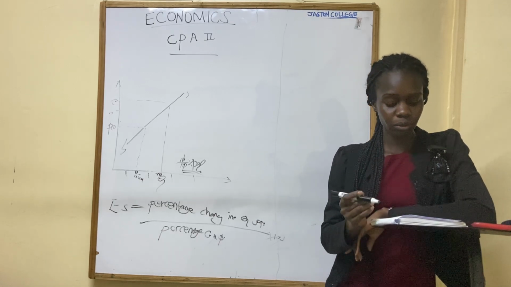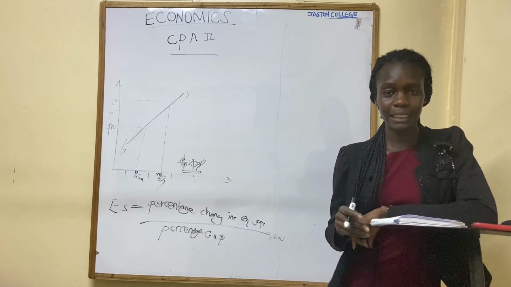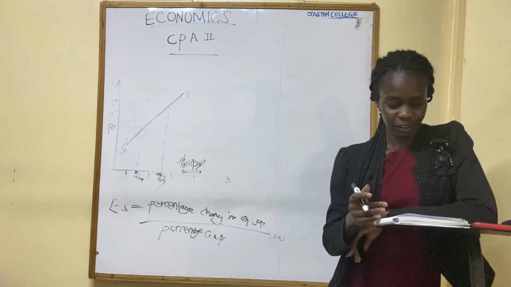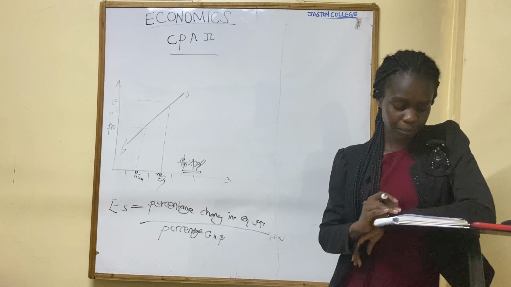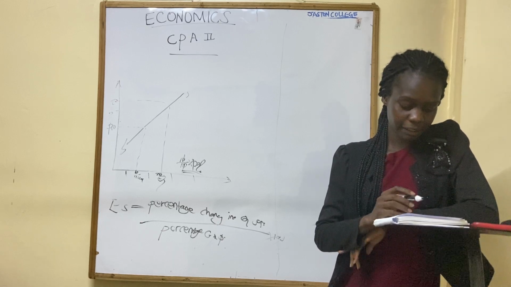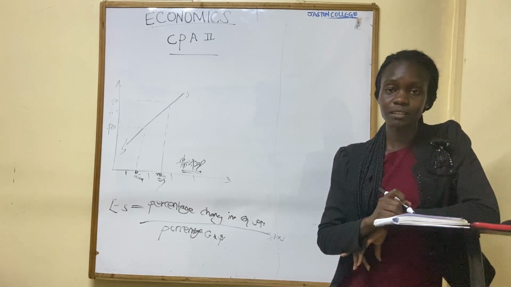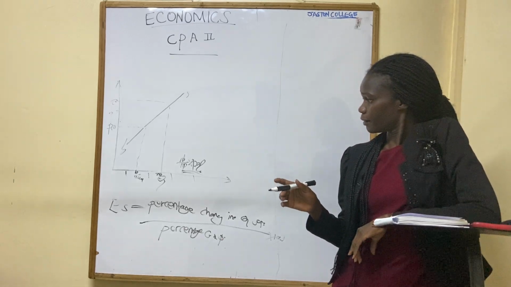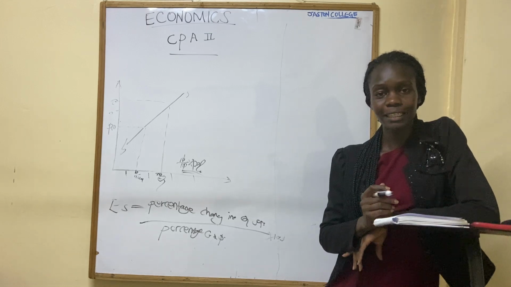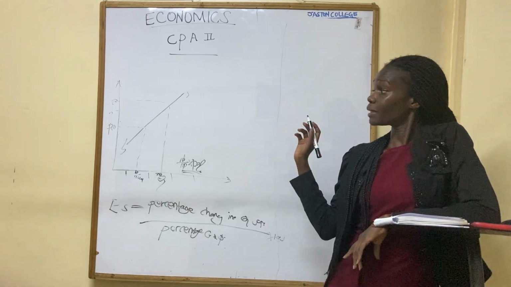These types are the same as the ones for demand, but the difference is the explanation. The first one is perfectly inelastic supply. This is whereby the quantity supplied is constant regardless of the price change.